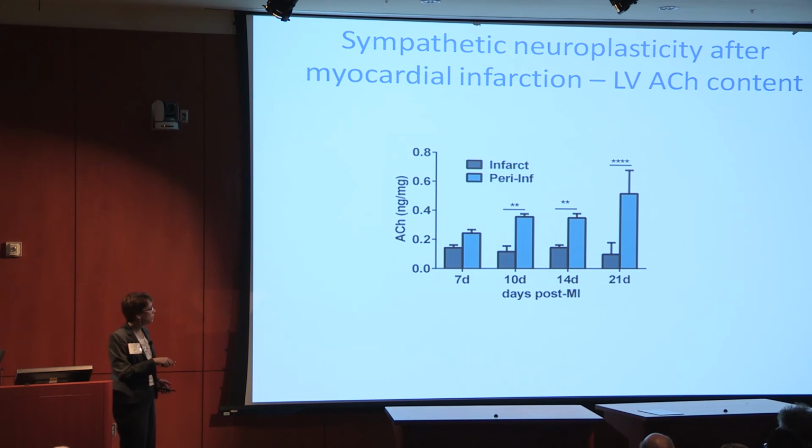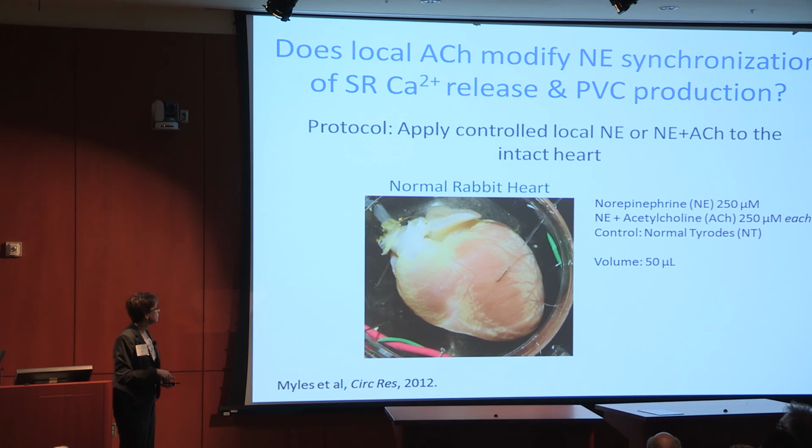Norepinephrine goes down really early after MI, but now in this tissue, there's a normal amount of norepinephrine but an elevated amount of acetylcholine. Still, the total amount of norepinephrine is much higher than the amount of acetylcholine, but the ratio seems to be different.